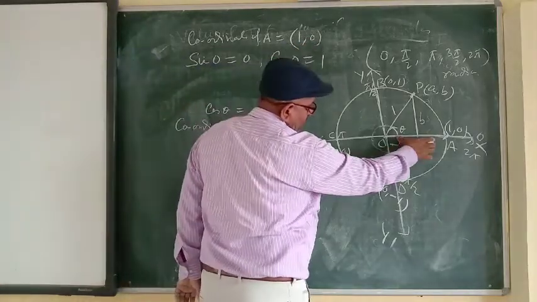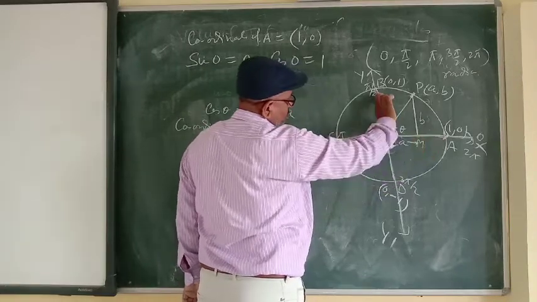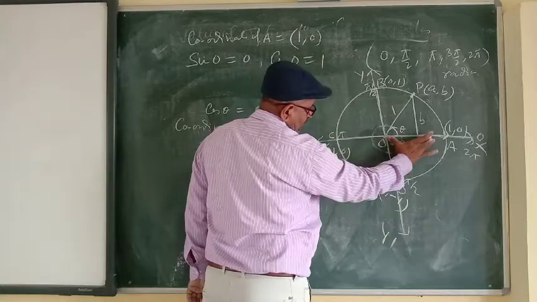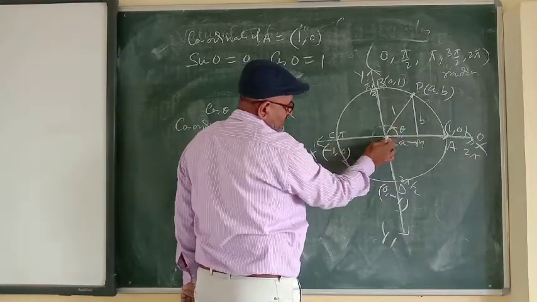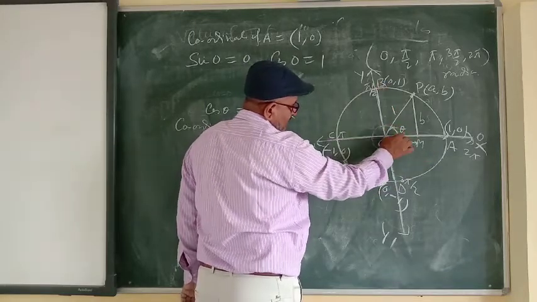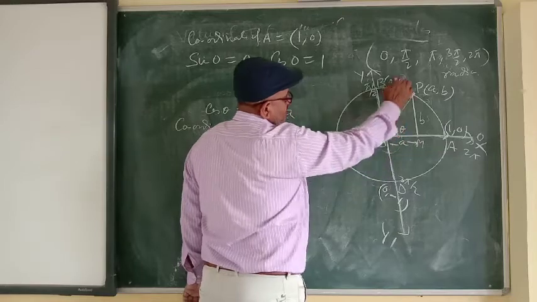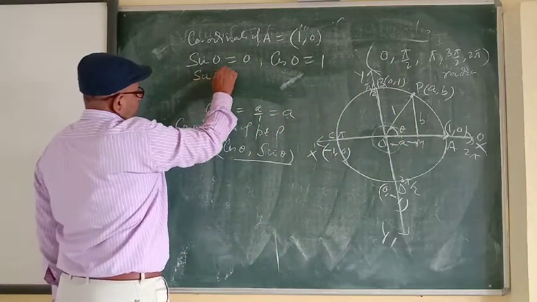If ray OA rotates in anti-clockwise such that it coincides with OB, then what will be this angle? 90 degree. 90 means pi by 2. So what will be sin pi by 2?